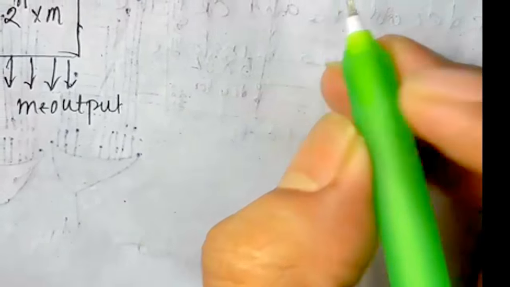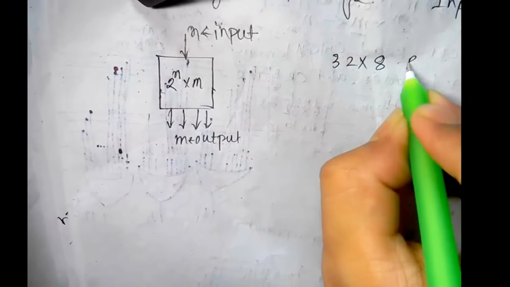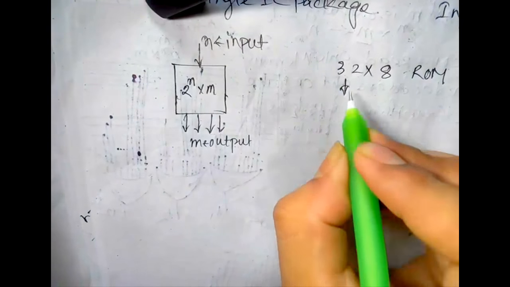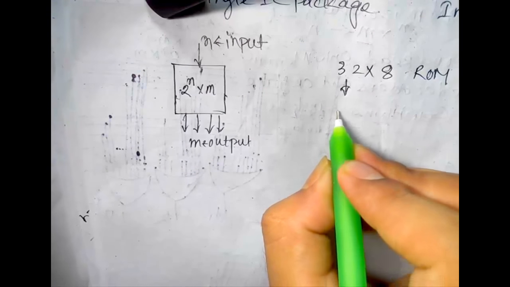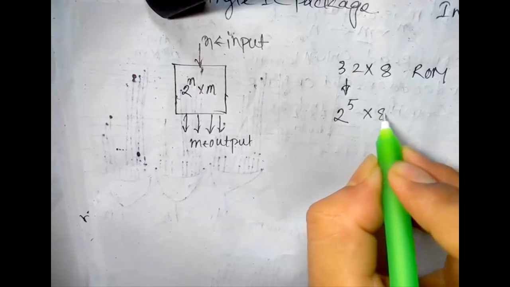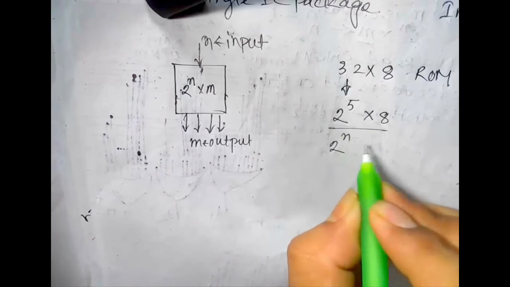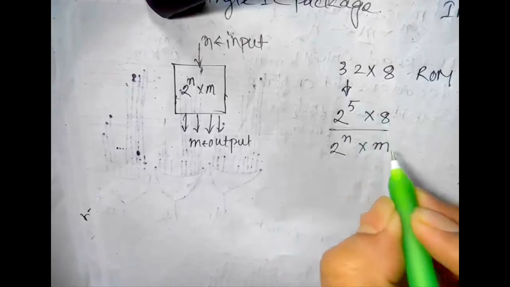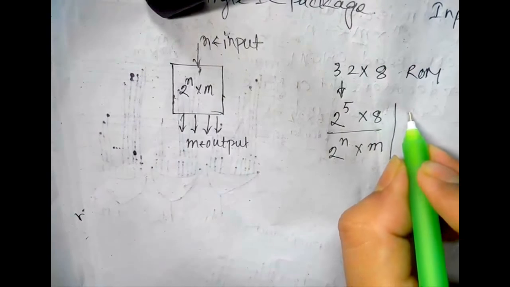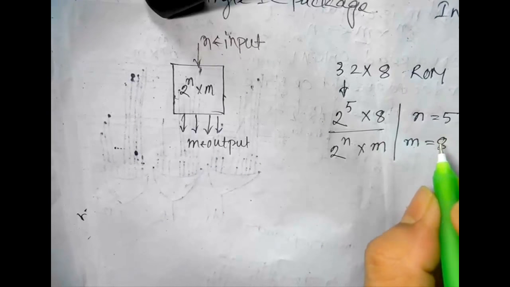If we analyze a 32 into 8 bit ROM, we will see that 32 can be written as 2 to the power 5, and 8. And if we compare it to 2 to the power n into m, we will see that n is equal to 5 and m is equal to 8.